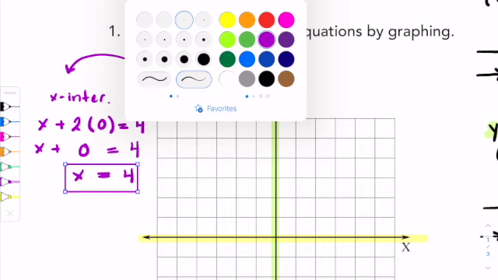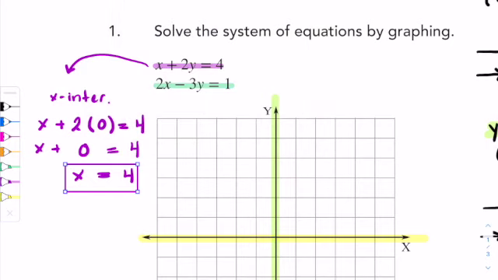So I like to make sure I write my x-intercept as an ordered pair, because it is specifically a point where the graph crosses the x-axis. So to finish this, I would say that the x-intercept is at (4, 0).